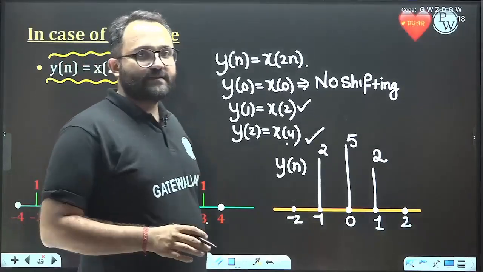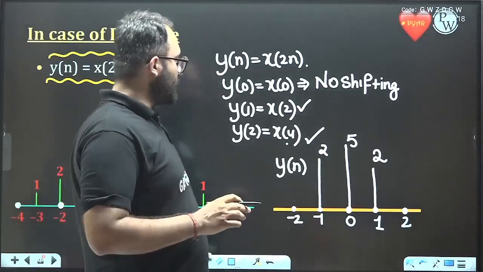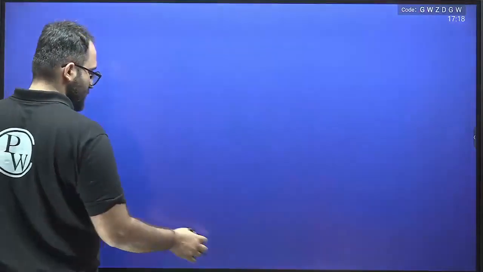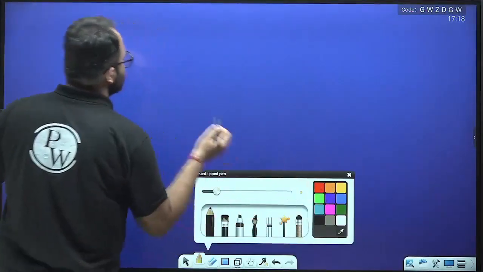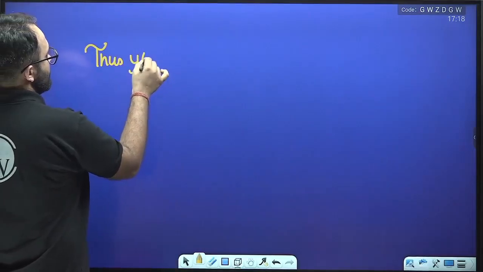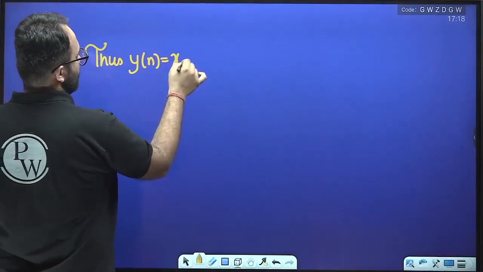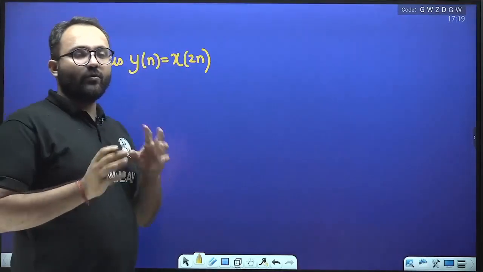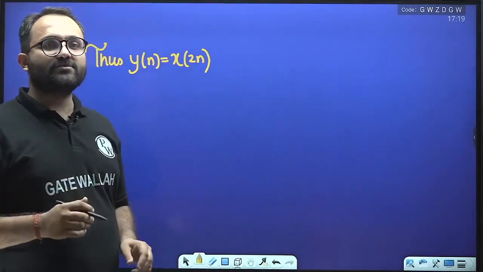Here it is very important to observe this. Thus we can see that in case of yn equals x of 2n, we will take only the even samples of xn.